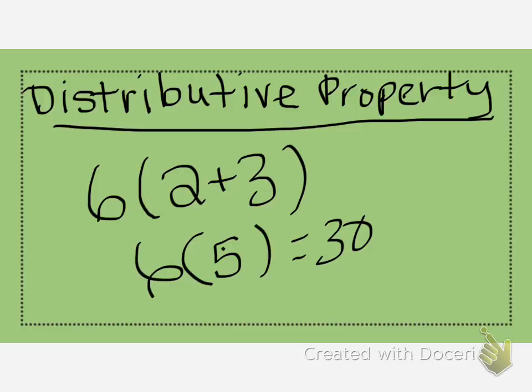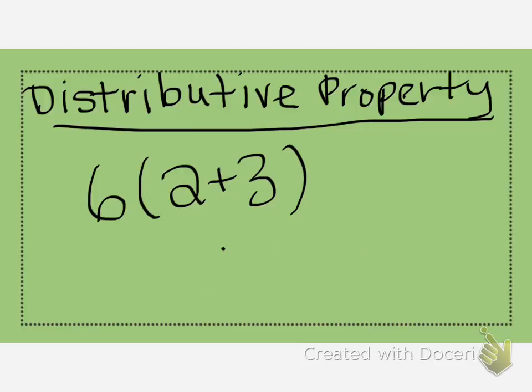That's one way. Or I can use the distributive property, which says I'm going to take the 6, multiply it by the 2 first. Let's see if I use a different color so it stands out a little bit more. So if I take the 6 and multiply it by 2, 6 times 2 is the first thing I'm going to do.